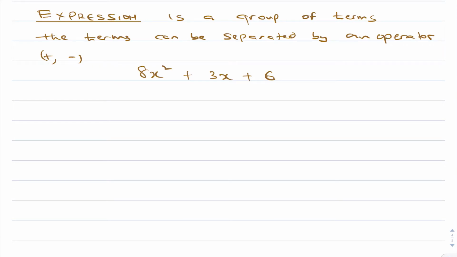So these are three terms: one term, the second term, and the third term. So it's got three terms. But this is also an expression together. So all these grouped together is an expression.